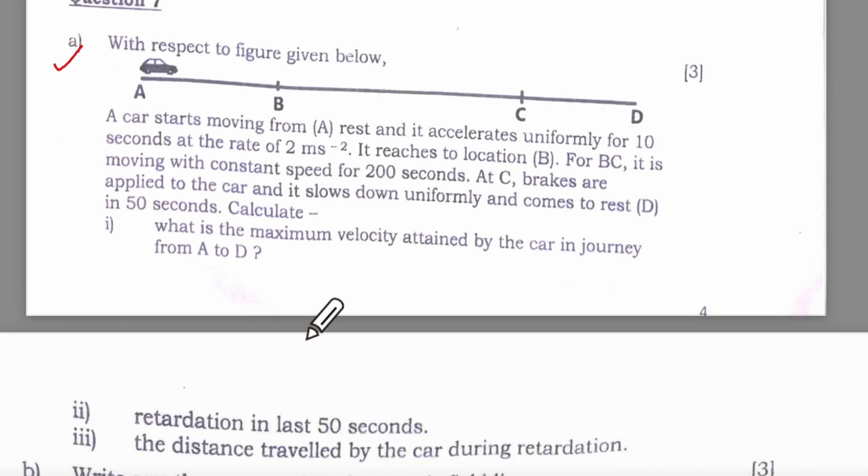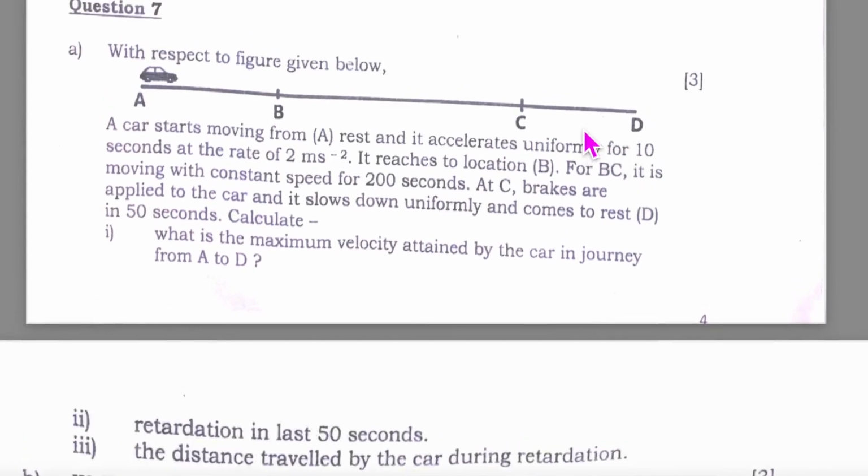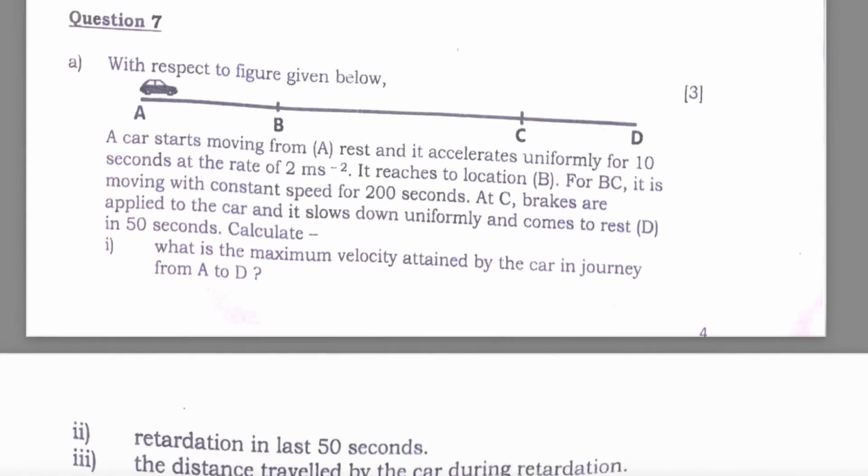At C, brakes are applied to the car and it slows down uniformly and comes to rest at D in 50 seconds. Calculate: 1. What is the maximum velocity attained by the car in the journey from A to D? There are 3 questions based on this, no? Yes, ma'am. Okay. You will have to show this.